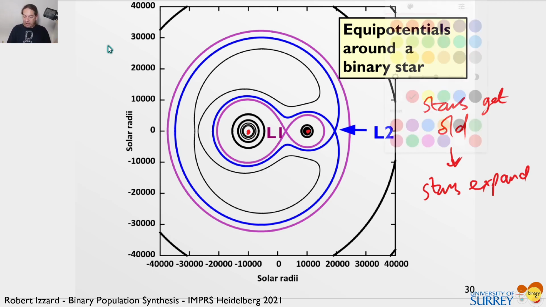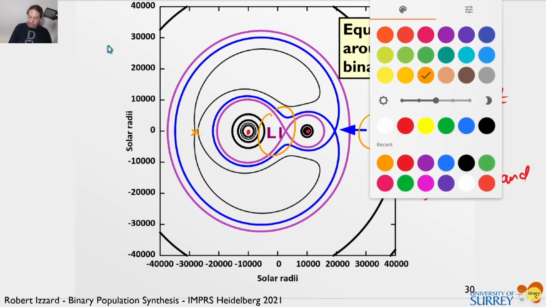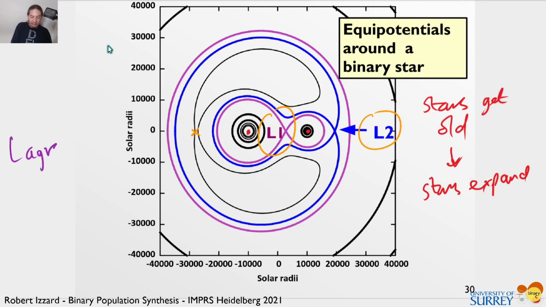Now, before we do that, there are 2 points here which are important. There's this one here and this one here, and there's another one here as well, which we might want to care about. These are called Lagrange points, and those are points where formally the acceleration is 0. If you have two stars and you have gravity from one and gravity from another, then there has to be a point somewhere in the middle, roughly, where the gravity is 0.